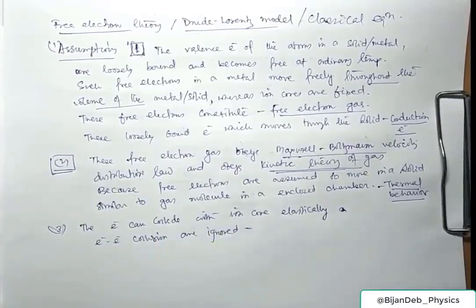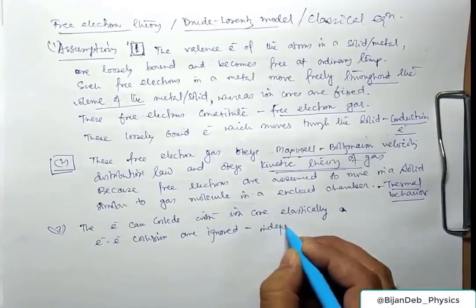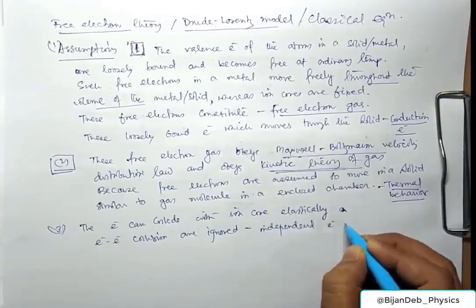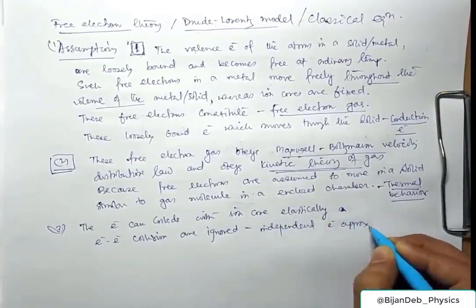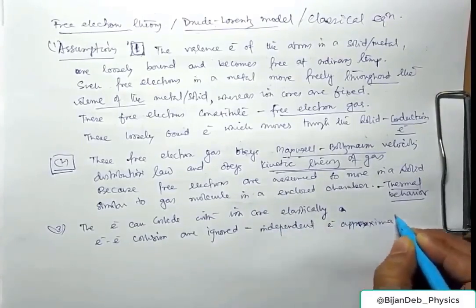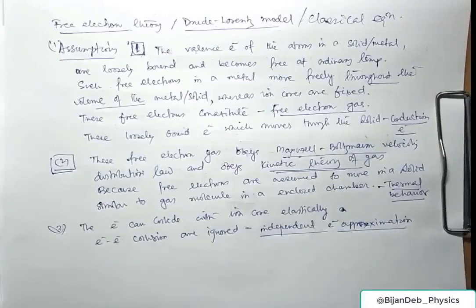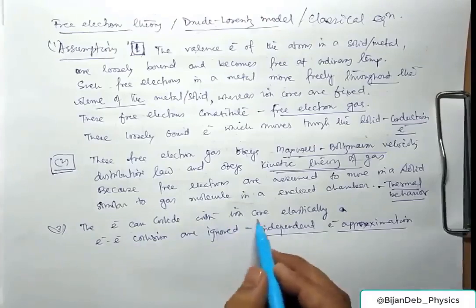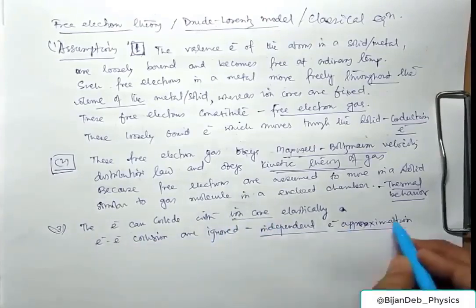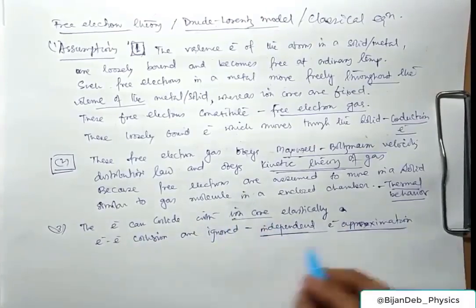So this is called the independent electron approximation. তো নামটা মনে রাখলেই হবে আমাদের, যে ইলেকট্রনের কলিশনটা এখানে ইগনোর করা হয়েছে। Independent electron means one electron is assumed not to collide with the other electron nearby. So this is actually highly approximate. Electron will obviously collide with the electrons. They will collide with the ion core and also with the electron, but here this is ignored. So this is the independent electron approximation.